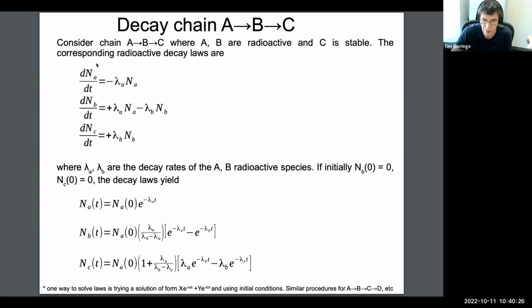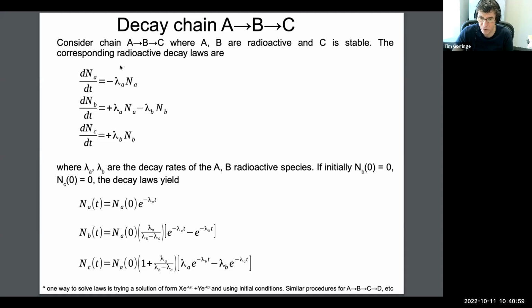So we now have three differential equations that describe the change in the number of radioactive atoms A, radioactive atoms B, and stable atoms C. So we have dNA/dt, dNB/dt, dNC/dt for the change in these species.